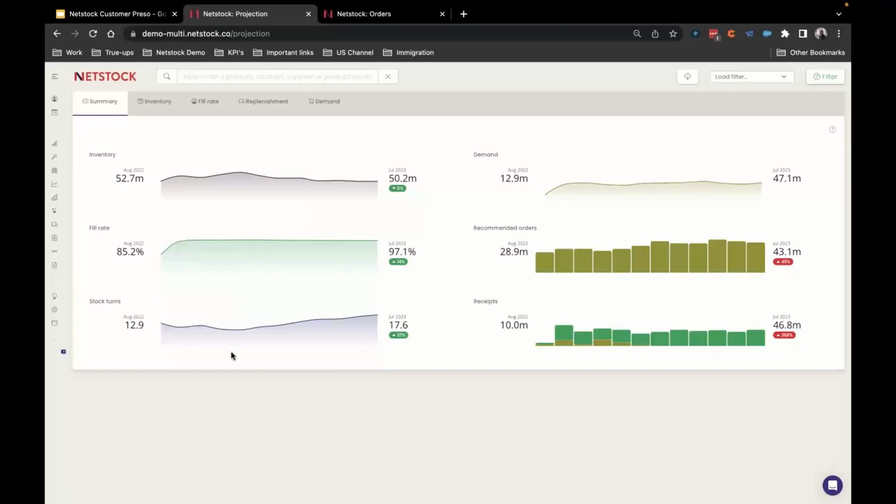You can see the stock turns are going to increase, but again, they're going to slow down as we buy all of that inbound stock over there, and then as that stock starts reducing, the stock turns will also increase. So it's a good projection of where the business is headed, to make sure that it's going the way that you want it to.